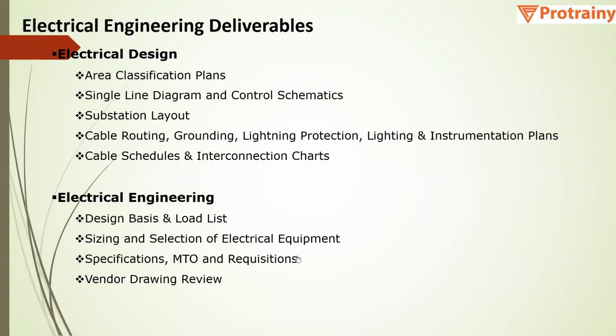Under electrical engineering deliverables, we have the area classification plan, single line diagram, control schematics, substation layout, cable routing, earthing layout, lightning protection layout, lighting and instrumentation plan, cable schedule, interconnection diagram, then design basis, load list, electrical equipment sizing and selection, specification, material requisitions (MRs) and vendor drawing review.